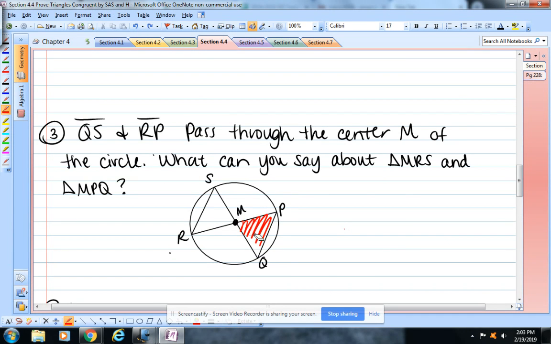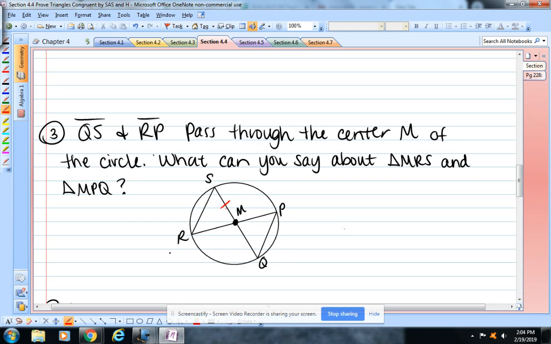Okay. So I've got to prove that either all 3 sides are congruent or 2 sides and the included angle are congruent. Okay? So what? Well, if M is the center of the circle, isn't that the midpoint of that segment?